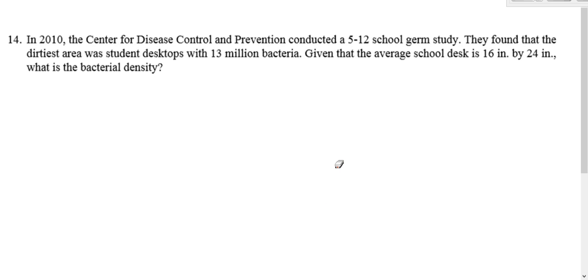The CDC conducted a germ study and found that student desks had about 13 million bacteria on them. Given that average school desk is 16 by 24, that would be the area. What is the bacterial density? So density for anything, whether it's population, in this case population of the bacteria, is the population divided by area.